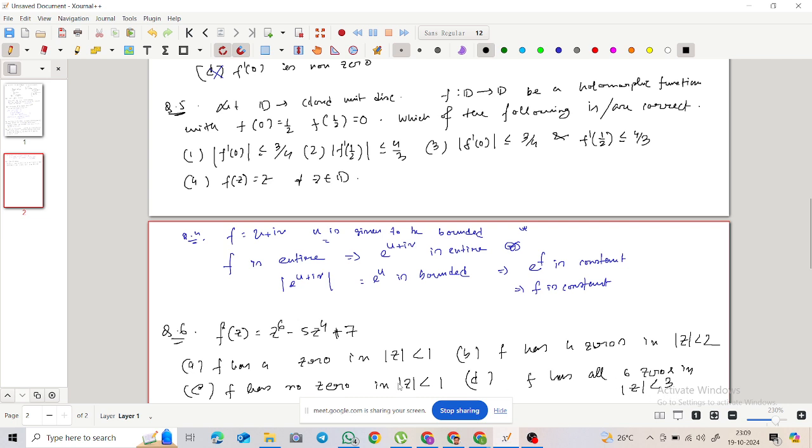Try these two, question 6 and 5. You have 5 or 6 minutes.